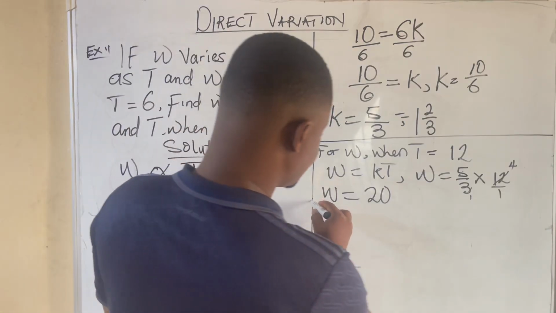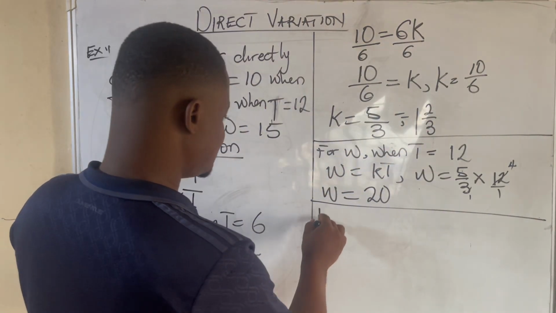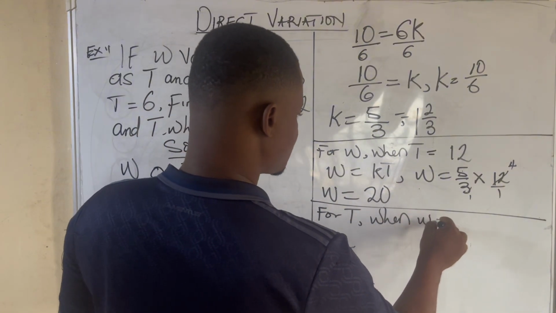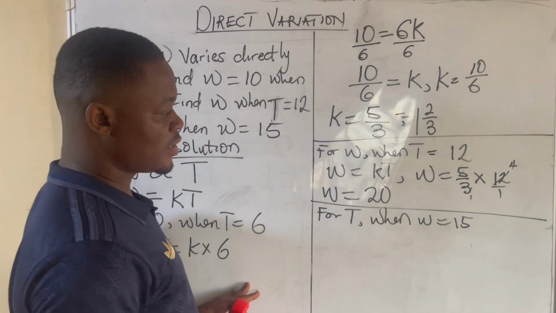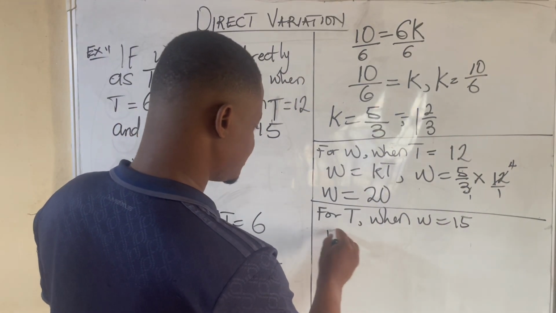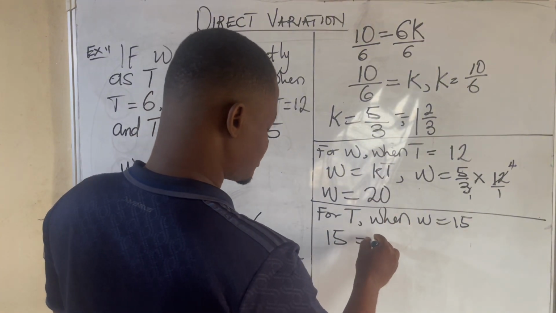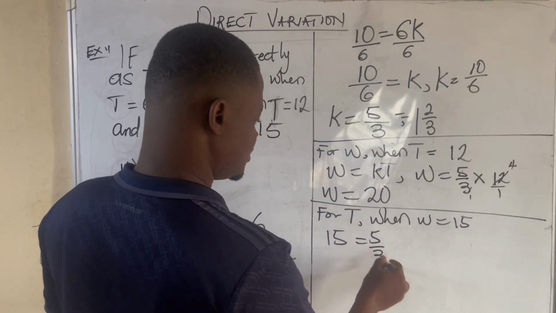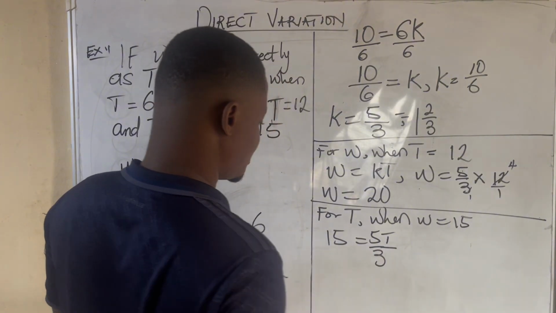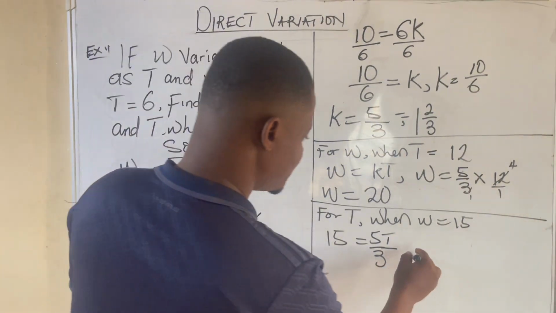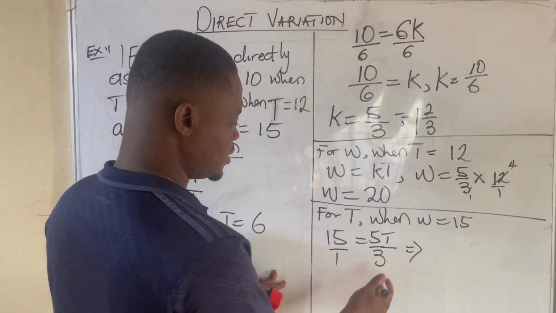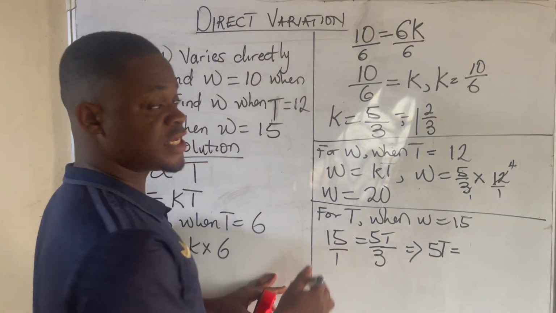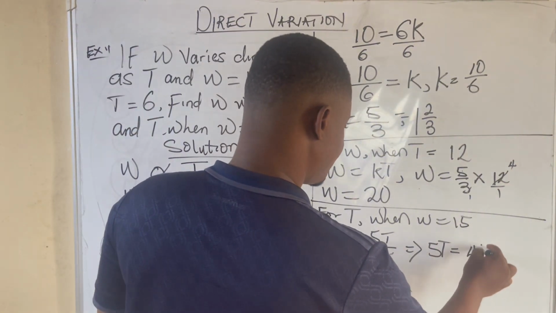So for T when W is equal to 15, applying this formula, we have W as 15 equal to K times T. Our K is 5/3, so we have 5/3 T. If we cross multiply, this implies that 5T is equal to 3 times 15, which is 45.